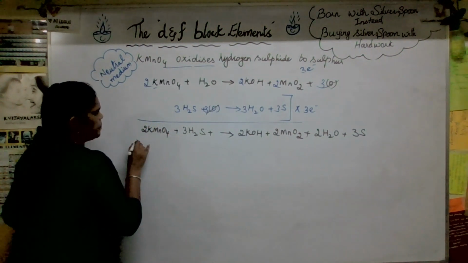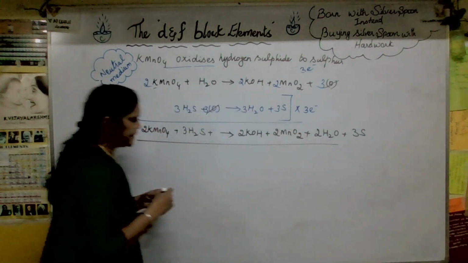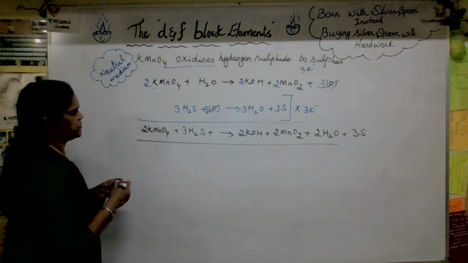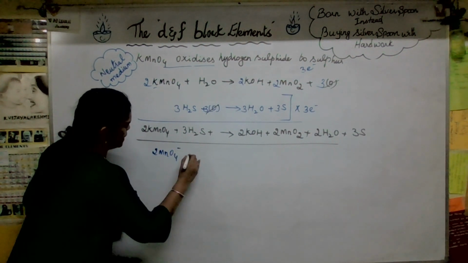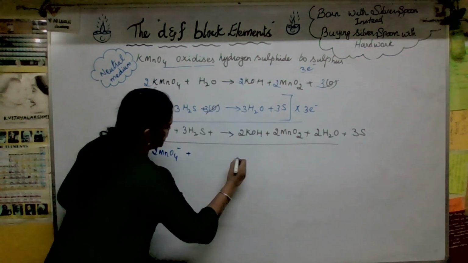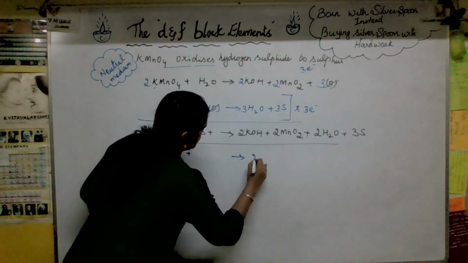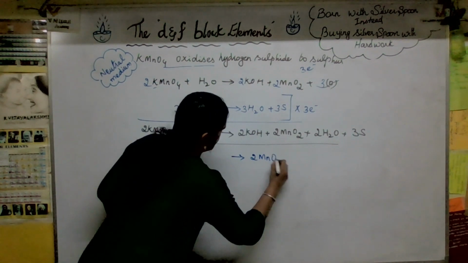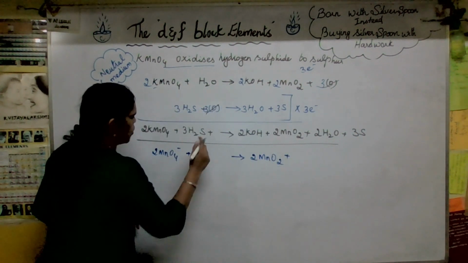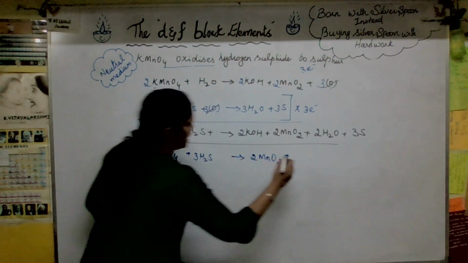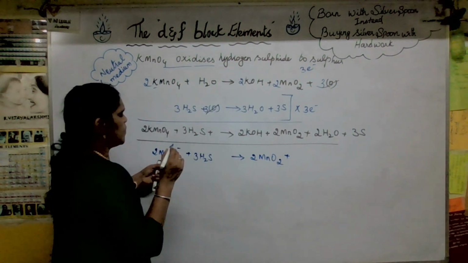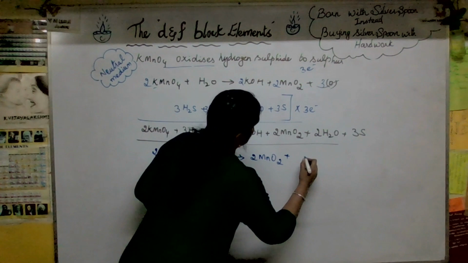Okay, now we have to write the ionic equation. Here 2MnO4 minus plus 3H2S gives 2MnO2. How many oxygen? According to that, water molecules.